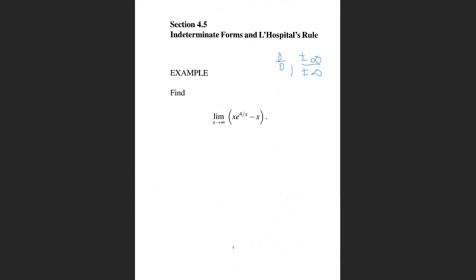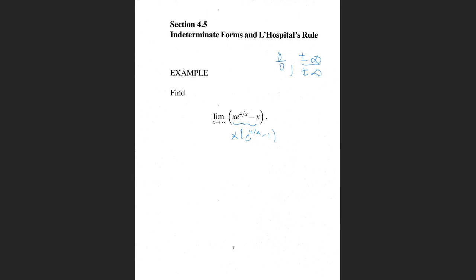But I can factor out an x, certainly. And this may help us. So sometimes you have to just try something with these L'Hopital's rule type problems. You have to try something.